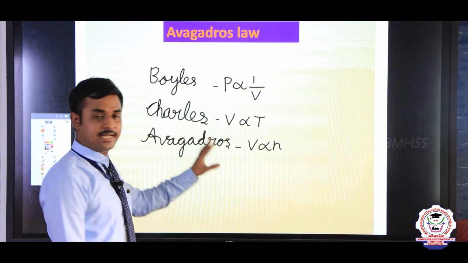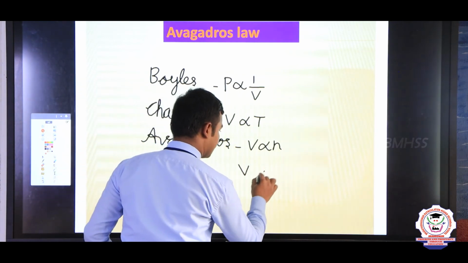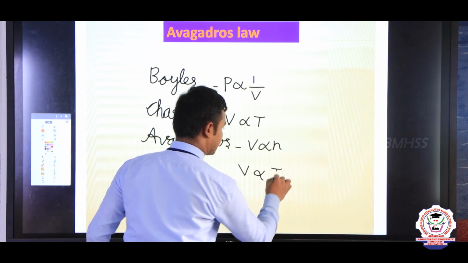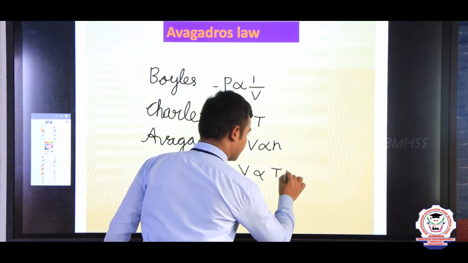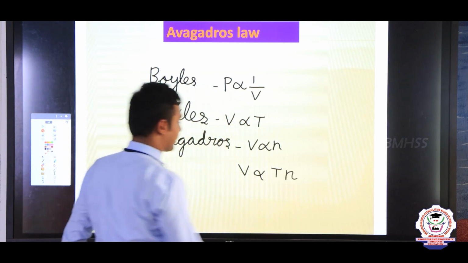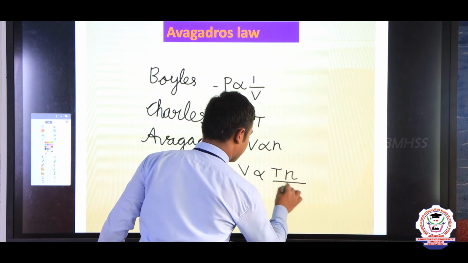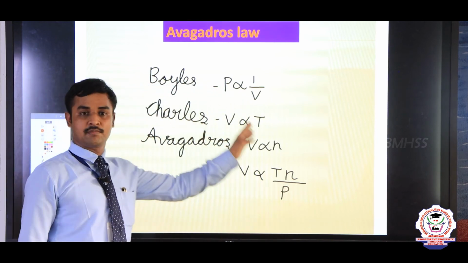Let us consider the terms with the volume. The volume is always directly proportional to temperature; I take this from Charles's law. Volume is directly proportional to the number of moles; I take this term from Avogadro's law. And pressure is inversely proportional to volume; I take this term from Boyle's law.